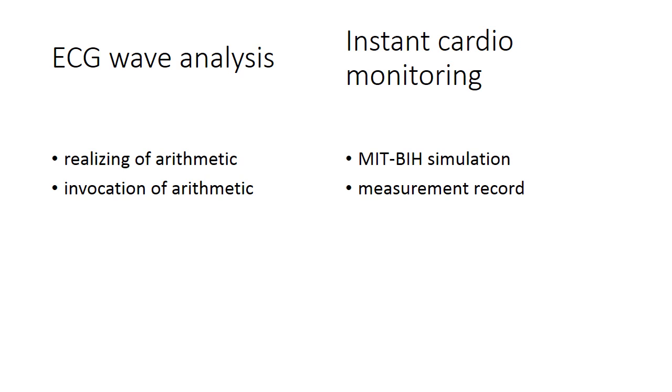And then it's about ECG wave analysis. ECG wave analysis is the key function of this software, and the main purpose of designing this software is to get an initial diagnosis based on the ECG wave and offer some medical advice based on the analysis results.